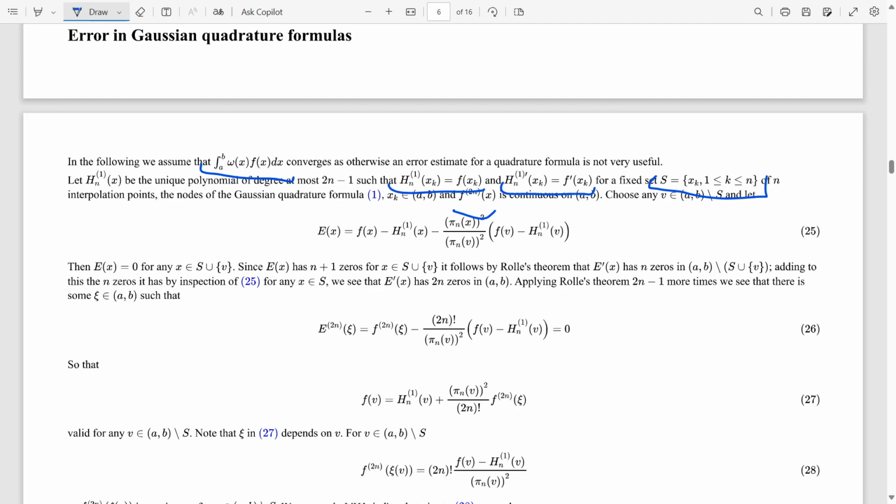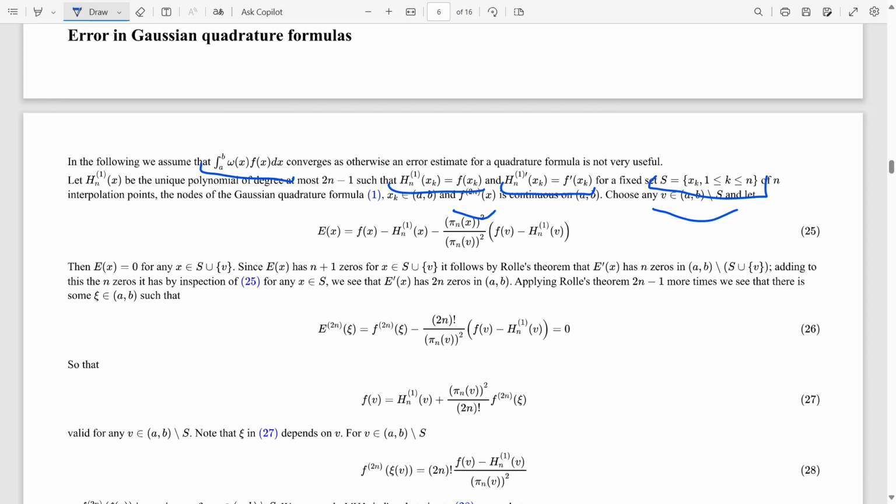Choose any v in the open interval from a to b, but not in the set S. We can construct a polynomial of degree 2n that agrees with f of x and f prime of x at the nodes xk, and also agrees with f of v.